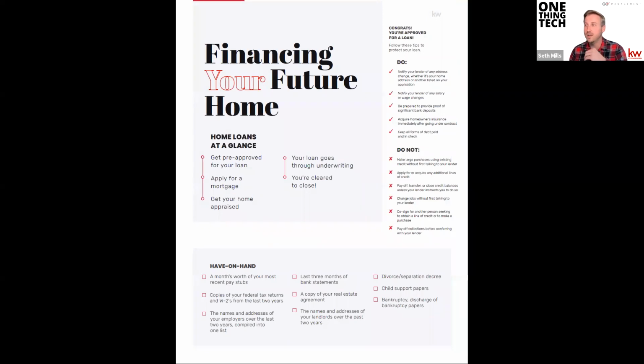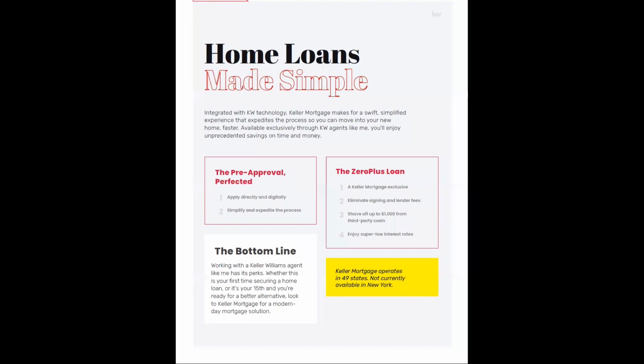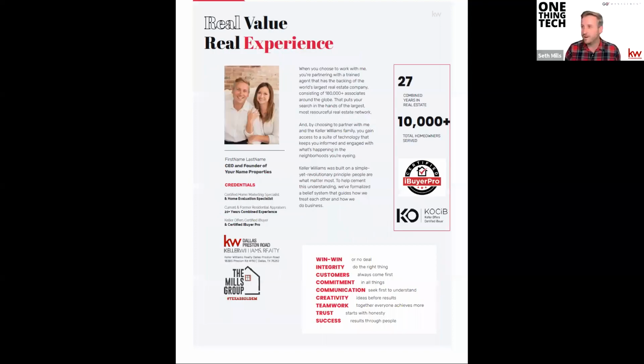This one doesn't have a whole lot about Keller Mortgage, but this one is all about Keller Mortgage. So it's going to be really important, if you're mentioning Keller Mortgage, which I think we should be, I think we've got a fiduciary responsibility to our clients to be at least offering Keller Mortgage, perhaps not recommending them, but at least offer them. But anyhow, you'll have that there.